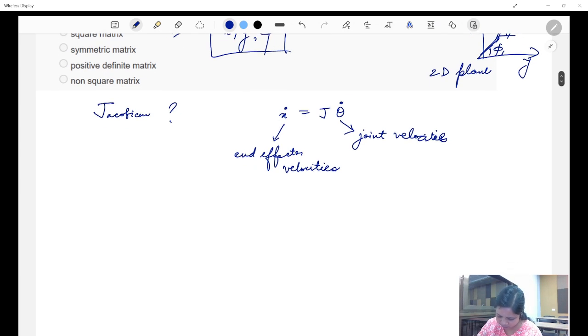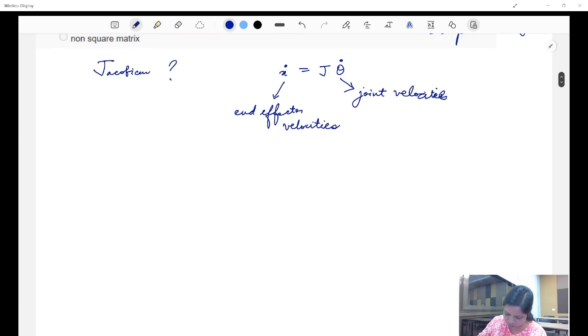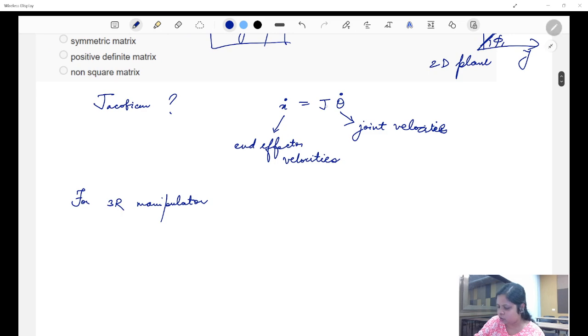So for 3R manipulator, okay, we want to derive some relation in between x dot and theta dot.